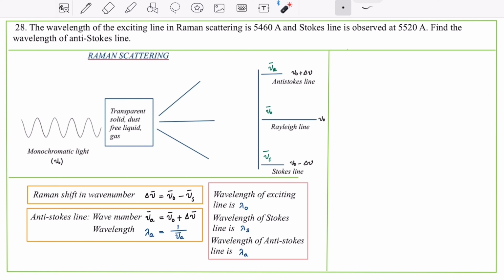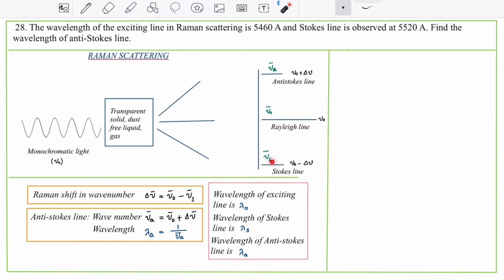Let nu 0 bar be the wave number corresponding to the Rayleigh line. Let lambda 0 be the corresponding wavelength. This is the same as the wavelength of the exciting line.